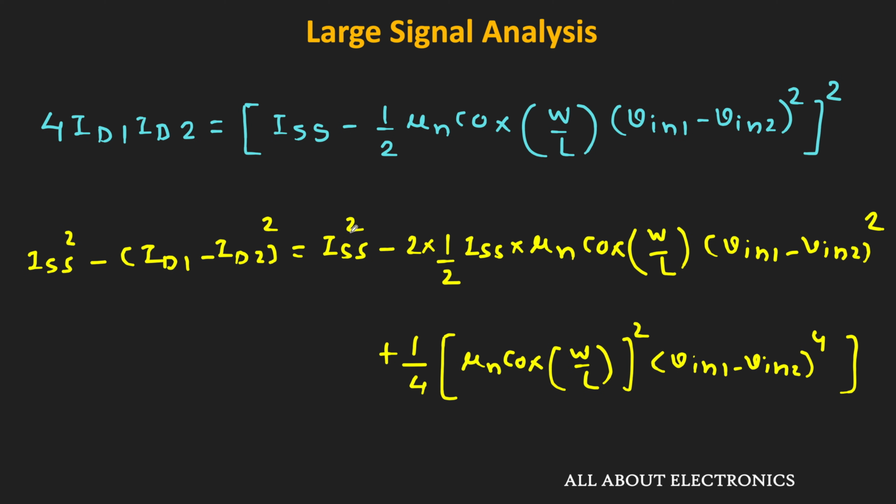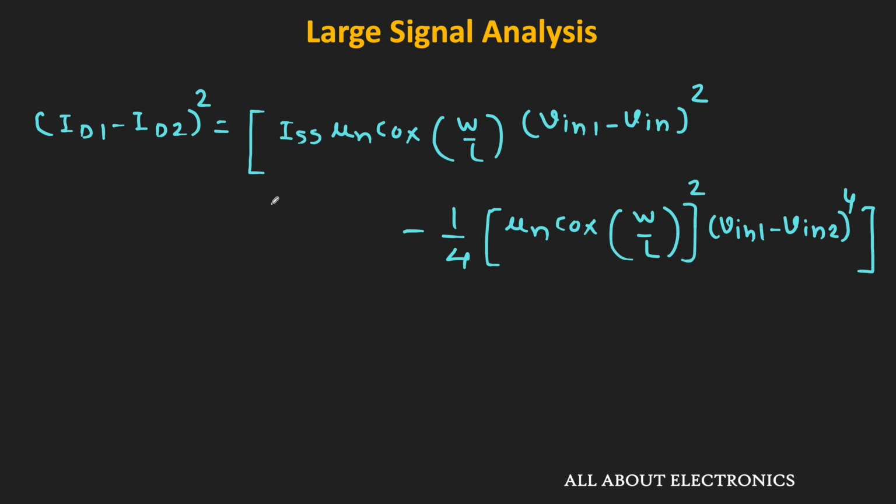So here these two terms will get cancelled out, and if we multiply all the terms by minus 1, then these two terms will become positive and this term will become negative. That means now if we see this expression, then it can be written like this.